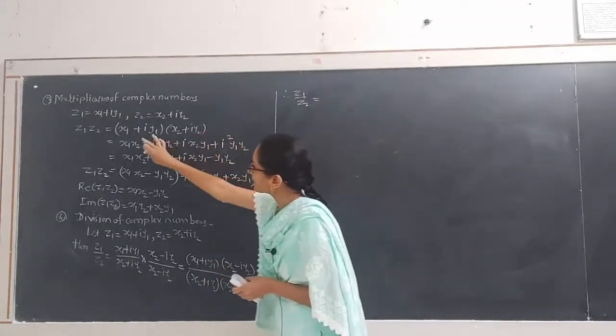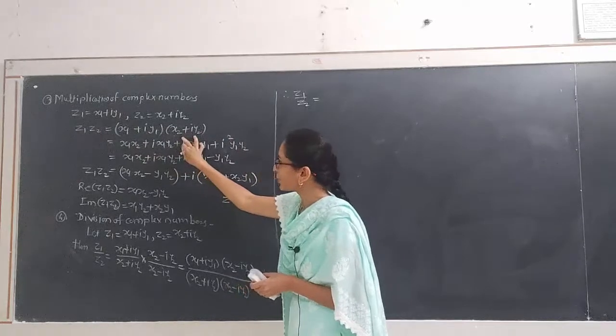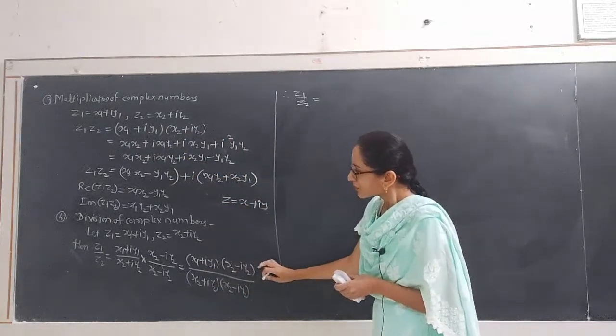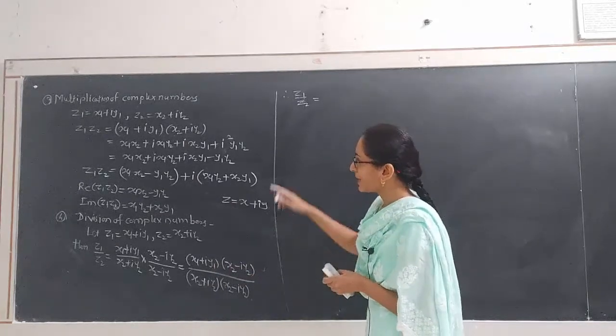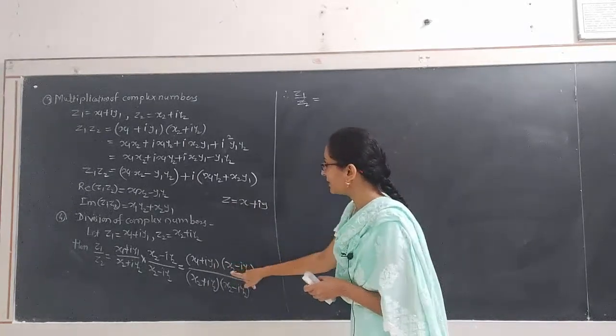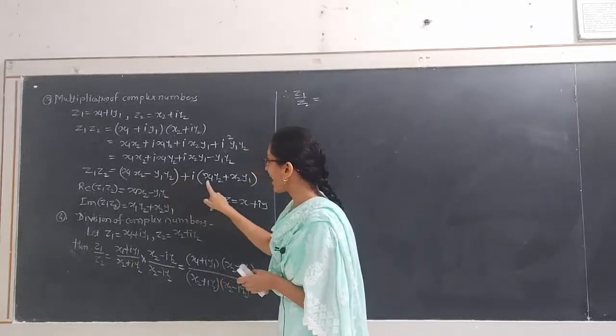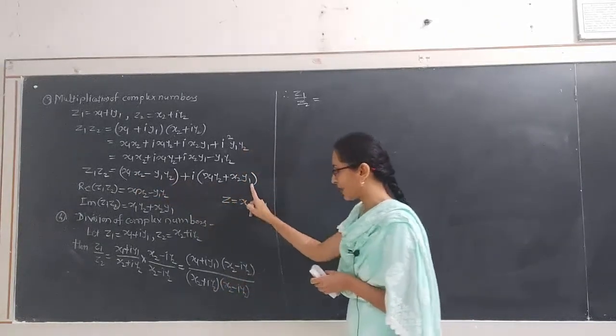As we have done this product x1 plus iy1 into x2 plus iy2, we will do the same product of these two complex numbers by using the same method. That is x1 x2 minus y1 y2 plus i into x1 y2 plus x2 y1.